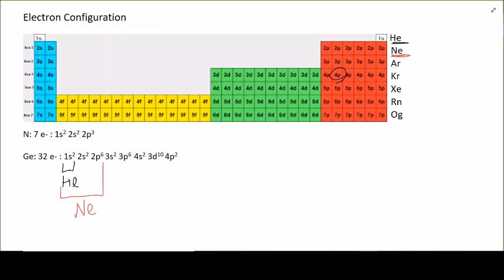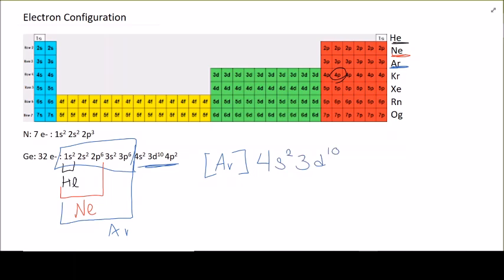The electron configuration of 1s2, 2s2, 2p6, 3s2, 3p6 corresponds to argon. We put argon in brackets to signify that this electron configuration is included. And what's left over corresponds to germanium.